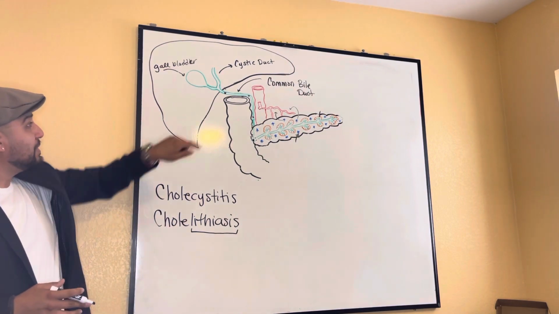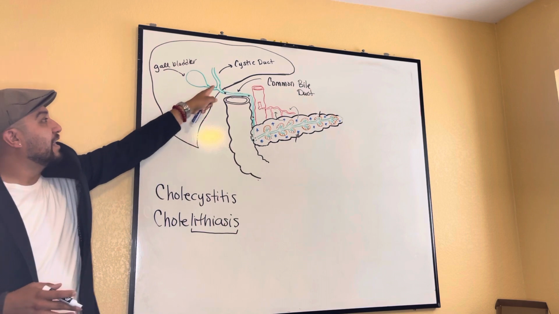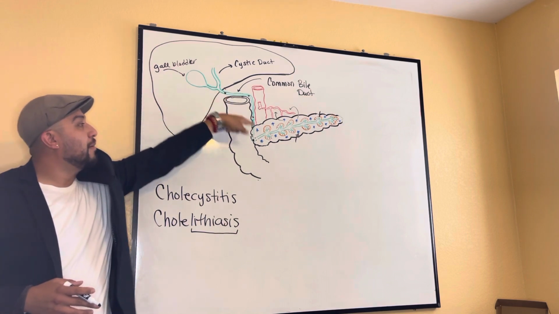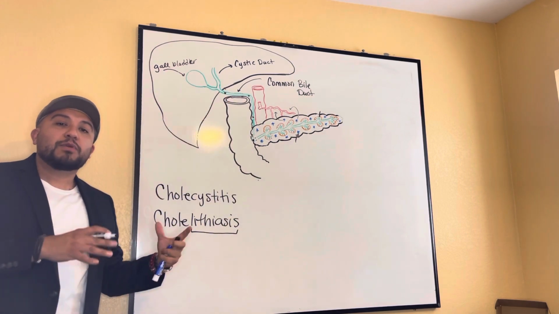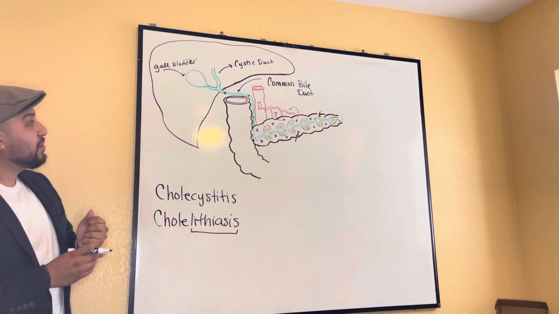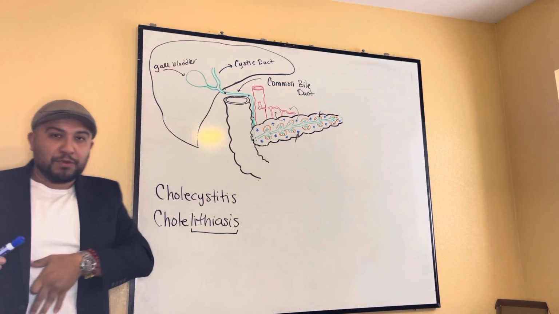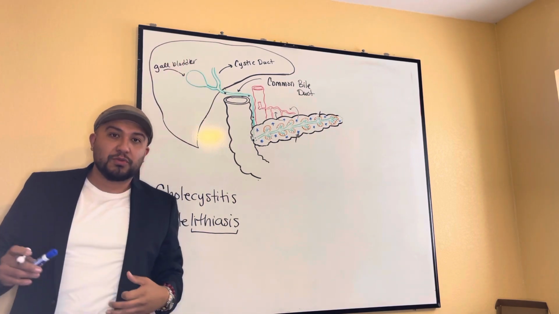The stones can be anywhere inside the gallbladder. They could be in the cystic duct or the common bile duct. They can be anywhere in those locations, but keep in mind the pain is still going to be manifested in the right upper quadrant, because that's where those structures are located.